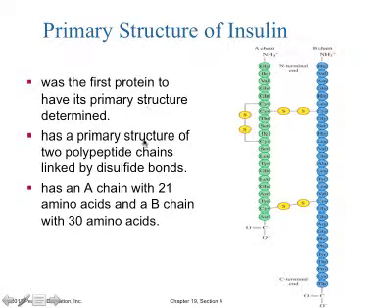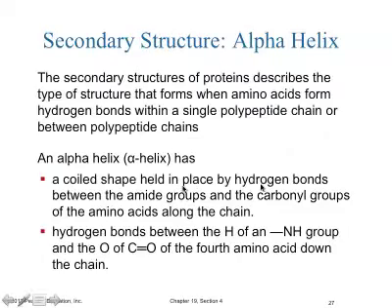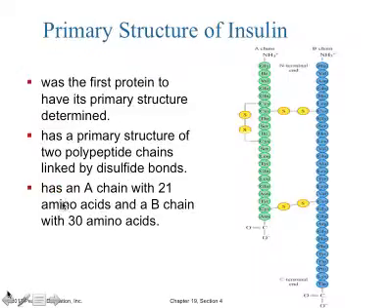Insulin was the first protein to have its primary structure determined, and it goes from the N-terminus to the C-terminus. This protein has two polypeptide chains that are linked by a disulfide bond. And notice the amino acid that is involved in that disulfide bond.